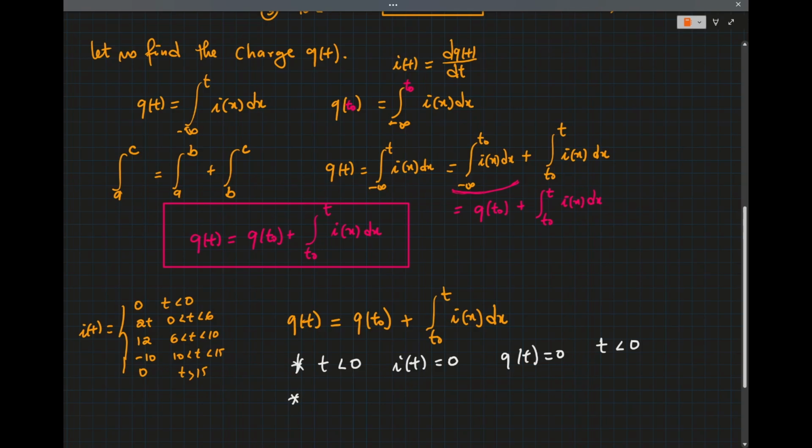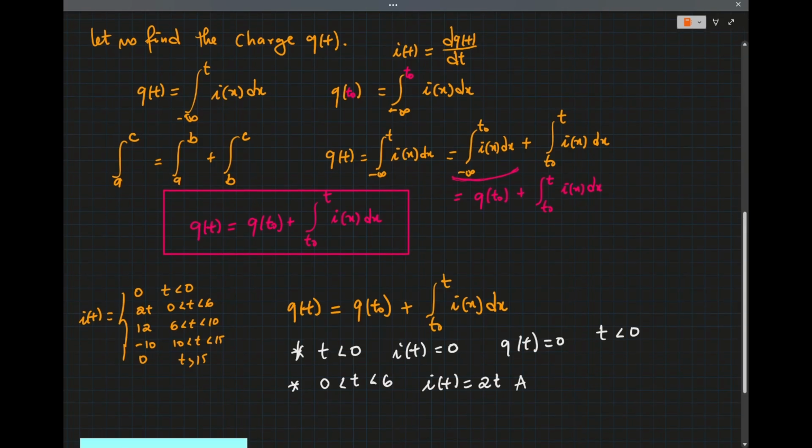The second one, we have 0 less than t less than 6 seconds, so I of t equals 2t amps. So we can find the charge q of t. Now what is my t0?